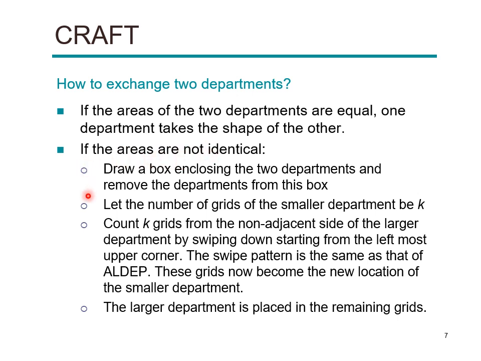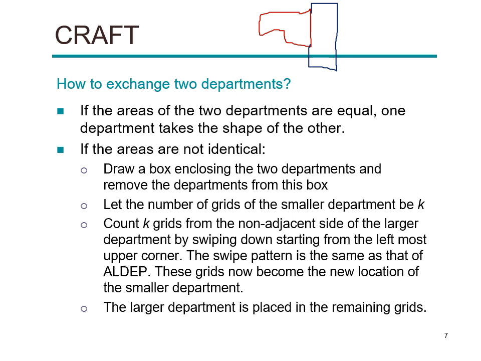We first draw a box enclosing the two departments, and remove the departments from the box. So let's assume that we have such a department, the first department, and there's another department sharing some boundary with this one in this shape, and let's assume that we are going to exchange these two.